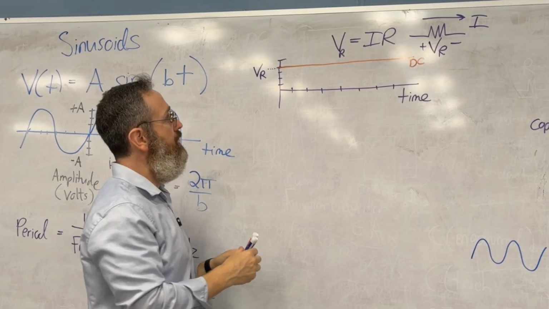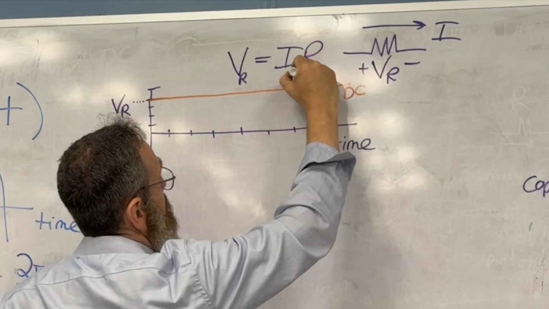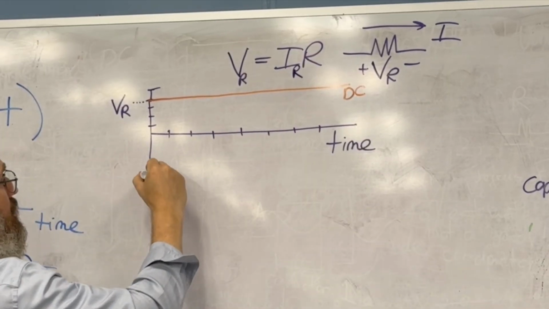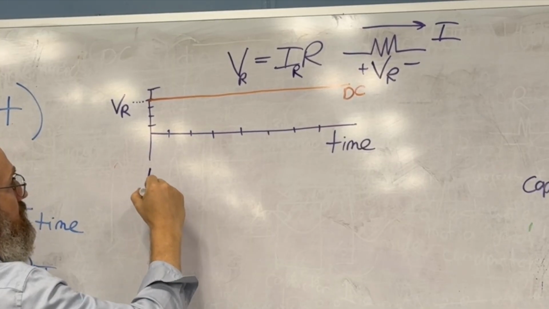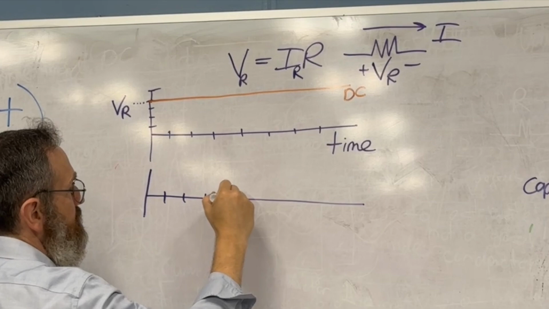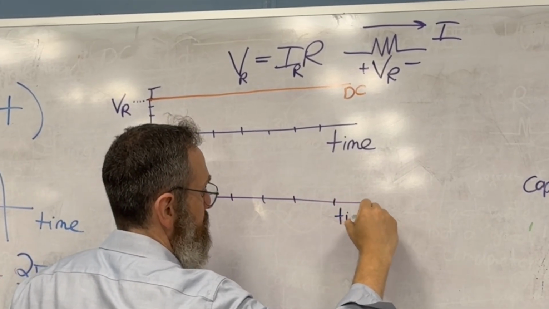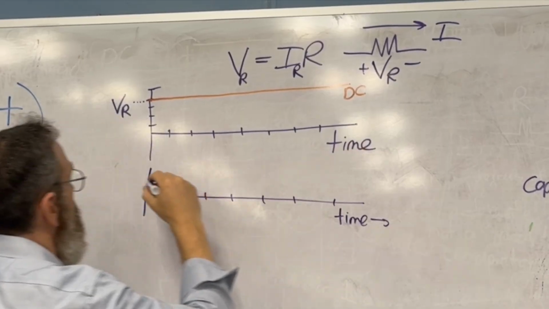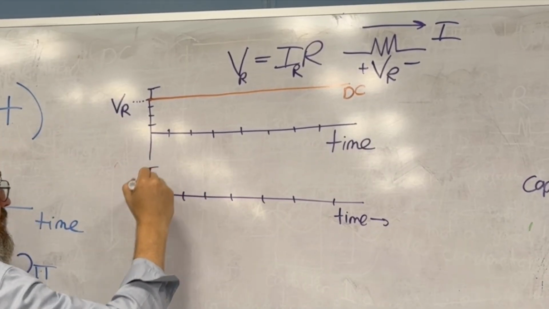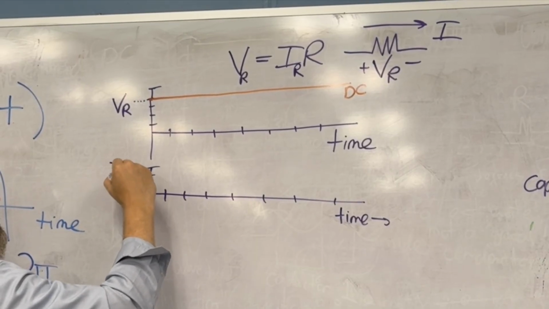Okay. I now want to ask the question, and I'm going to call this I sub R to be specific. What is the current over this period of time? So still time. And here I have, and now the question is, what is I sub R?